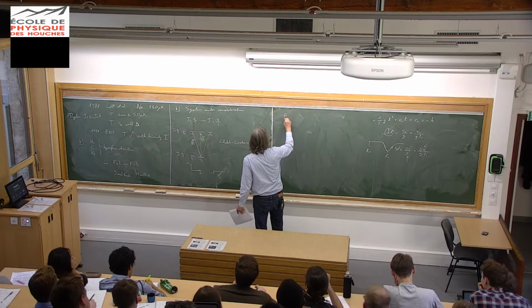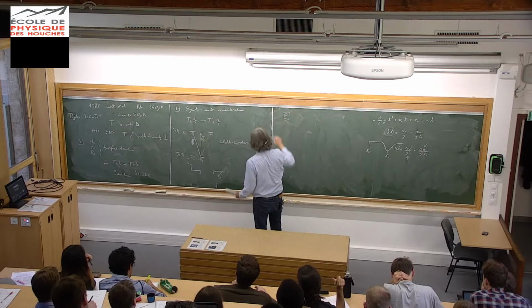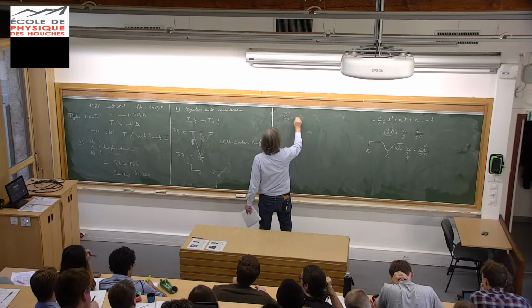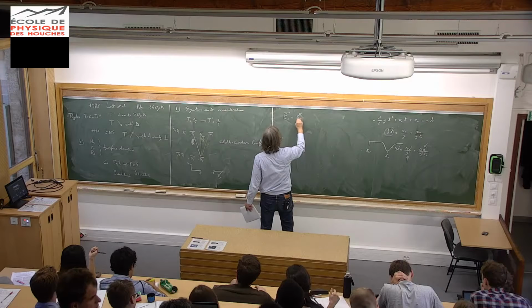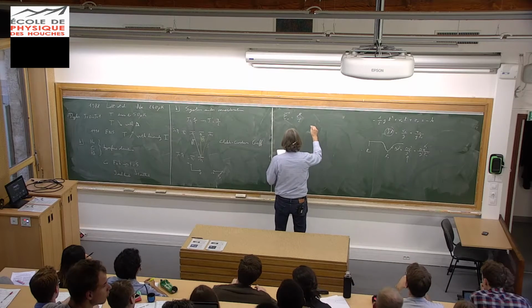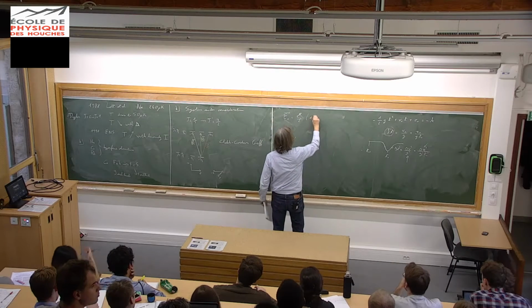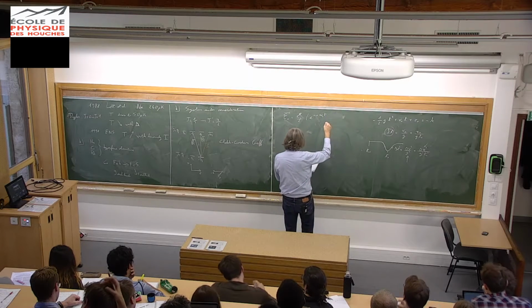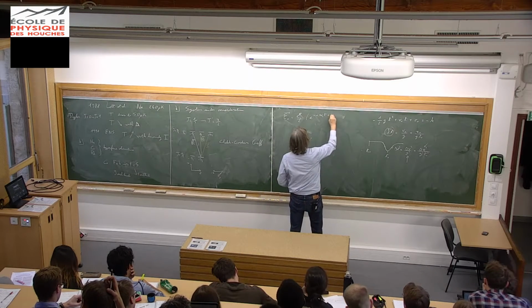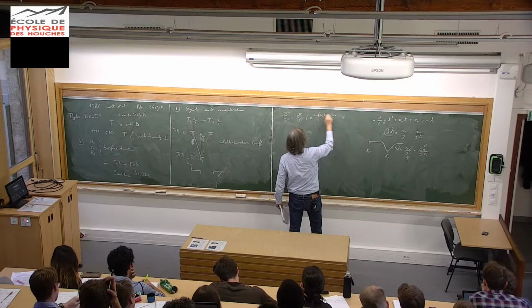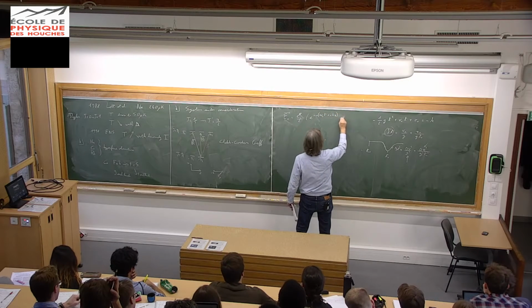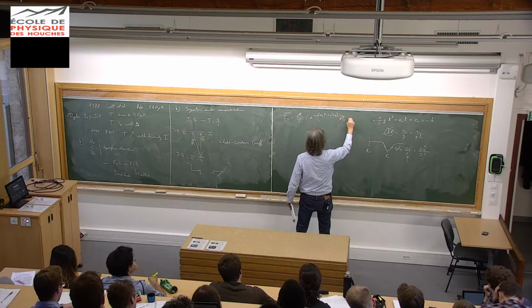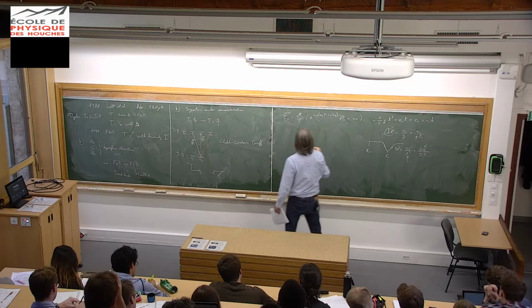So I have a first field, electric field, which is E_L divided by 2 exponential minus i omega_L t plus i kz, I do not put any phase, and this one is along x plus complex conjugate.